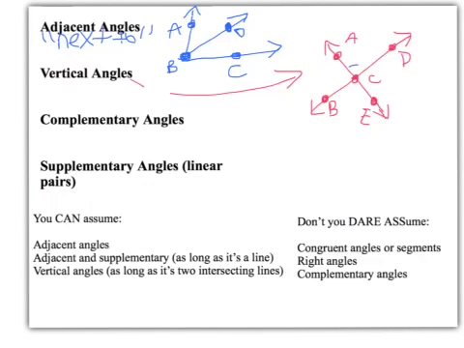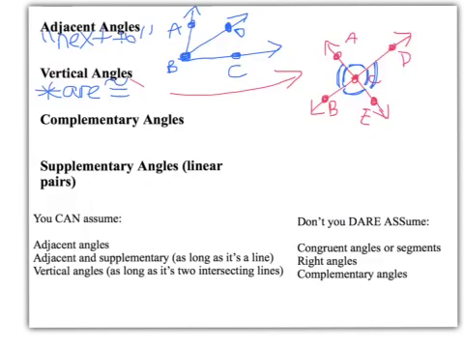So angle ACD and angle BCE are vertical angles. And something important to note about vertical angles is that vertical angles are congruent. They have equal measures. So we can also tell that angle ACB is congruent to angle DCE because they are vertical angles.